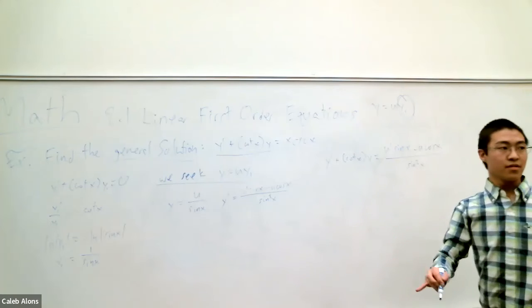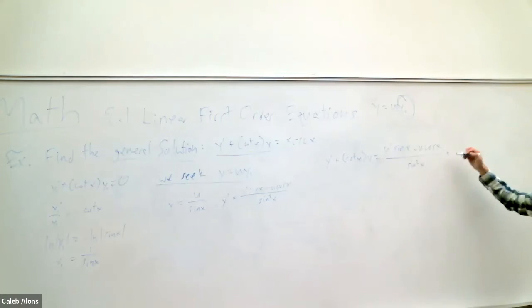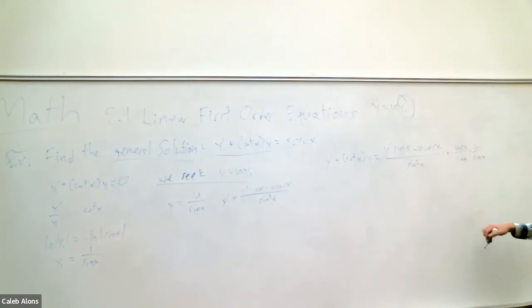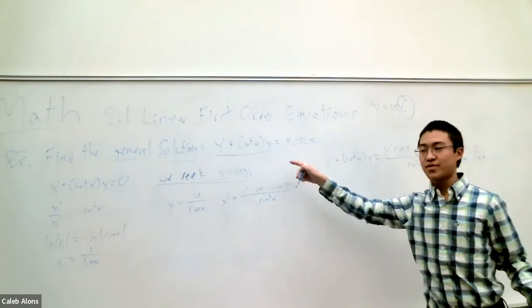Should we simplify that? What we're about to do, and then plus cotangent, so cosine over sine times u over sine. And then eventually we're going to set this equal to this, because that's ultimately what it's supposed to equal.